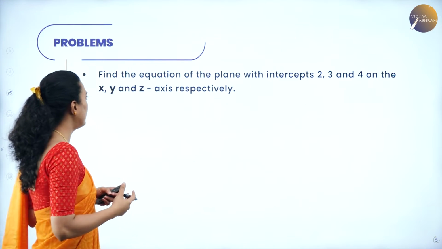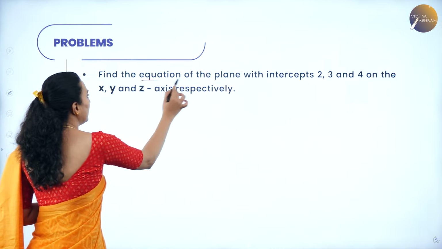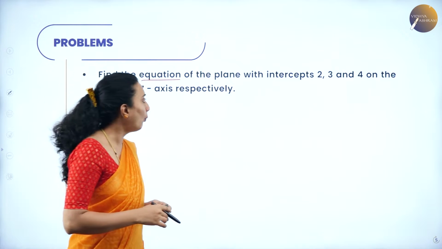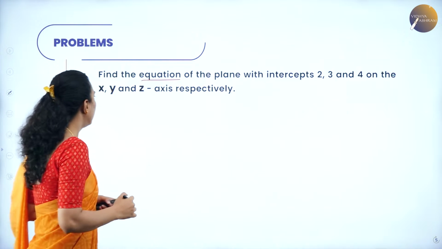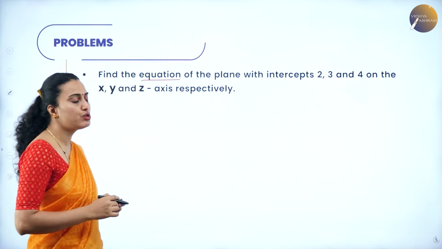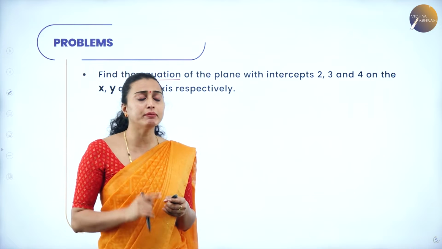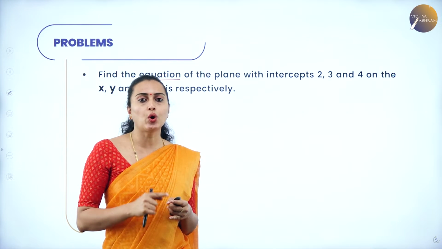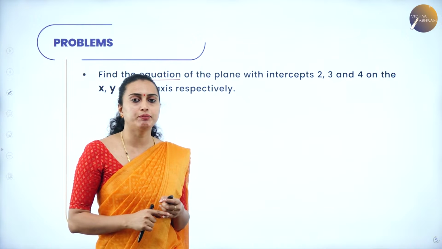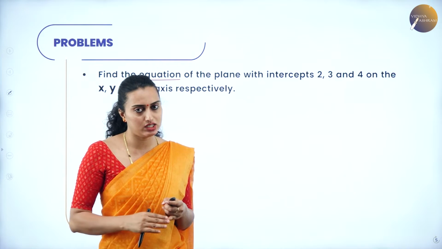Now, the first problem they have given: find the equation of the plane with intercepts 2, 3 and 4 on the XYZ axis respectively. Remember, x-intercept is called A, y-intercept is called B, z-intercept is going to be known as C, dear students.